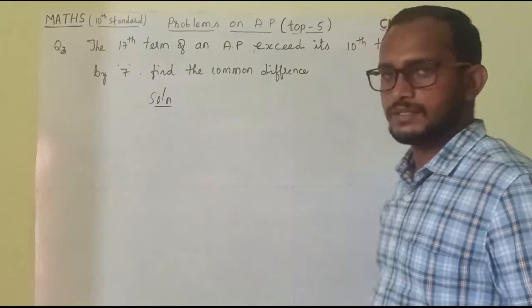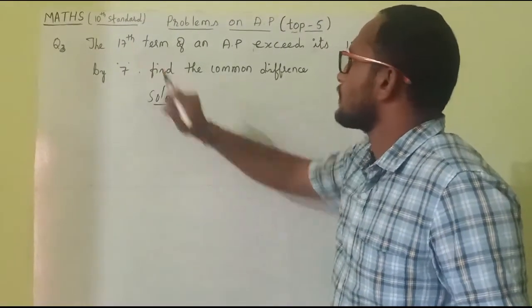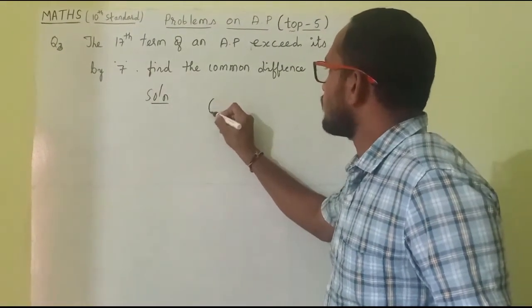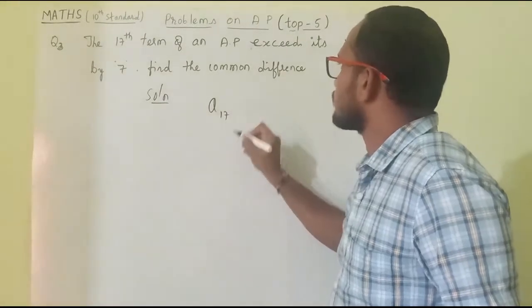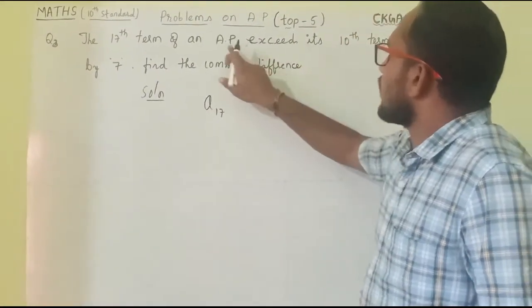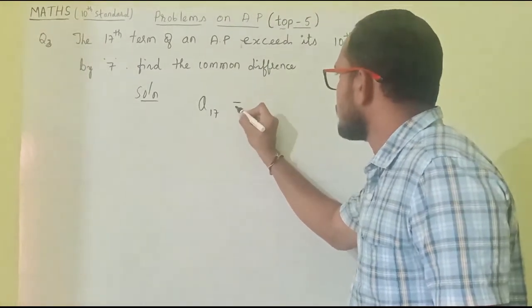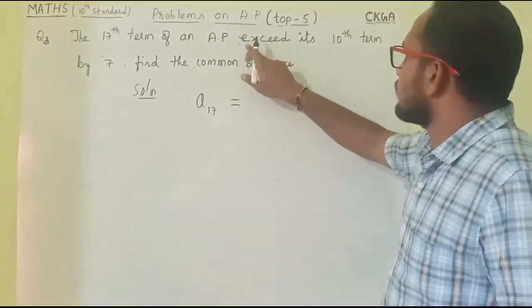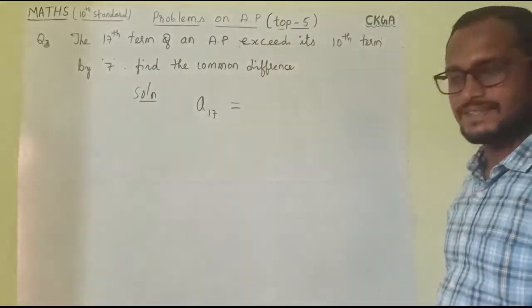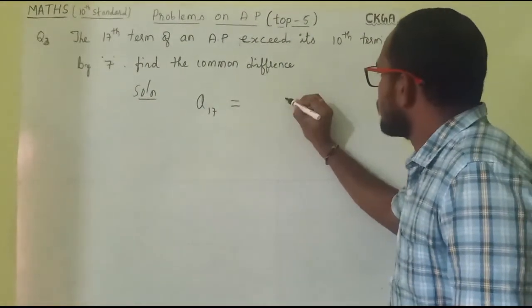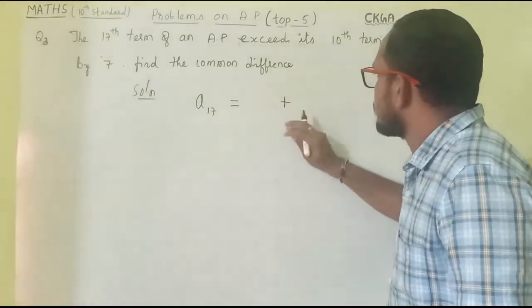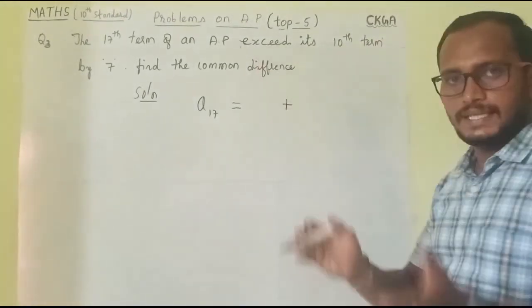The symbolized form of the 17th term will be A17. The 17th term of an AP exceeds its 10th term. The word exceed means increases, so here I'm writing a plus. This plus indicates the exceeded amount.